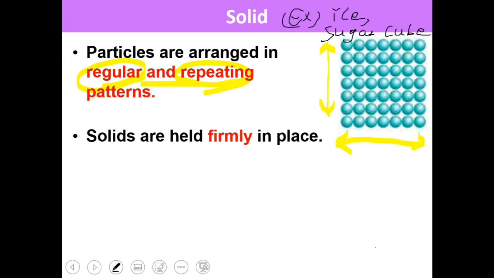Solids are held very firmly. Solids generally do not change their shape even when the material is put in a different container.